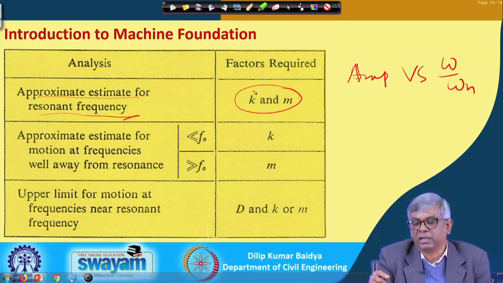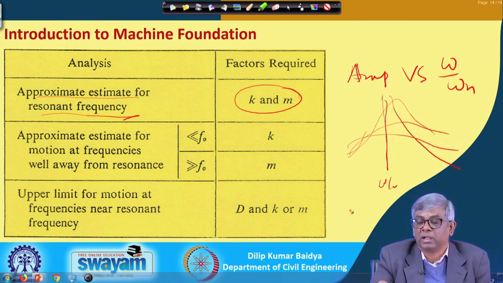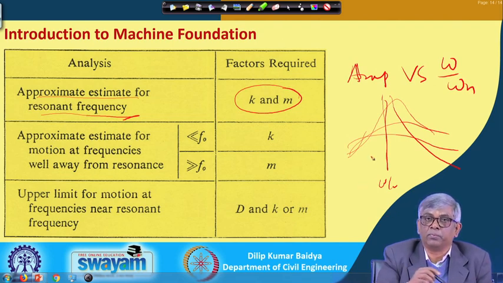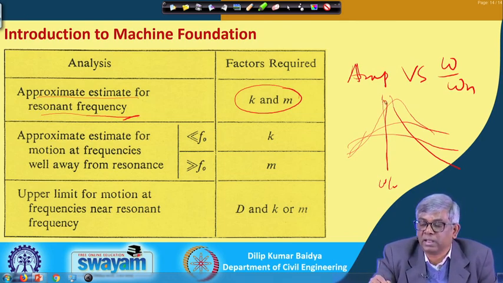So, we have seen that at omega over omega n equal to 1, some responses come like this. It is changing like this, and for a constant force system, resonance occurs before a frequency ratio of 1. So the resonance frequency is slightly away from the natural frequency, sometimes a little more or a little less.